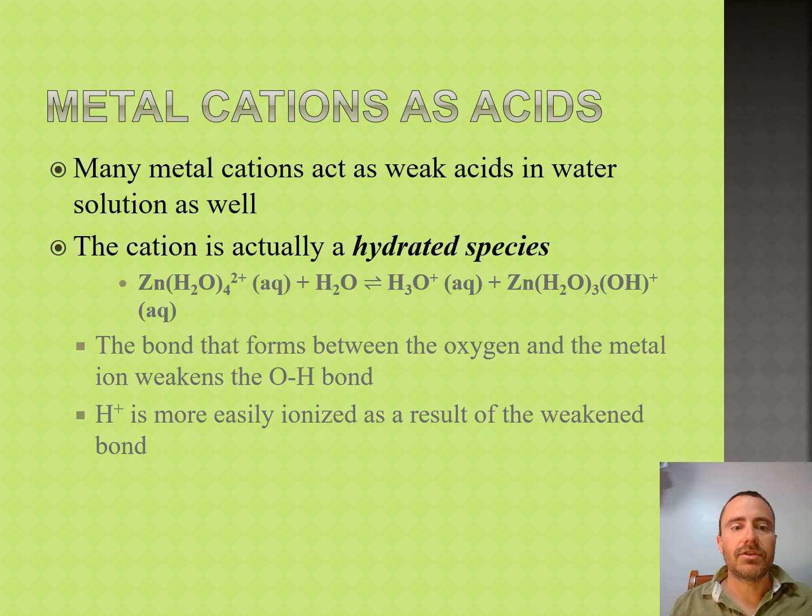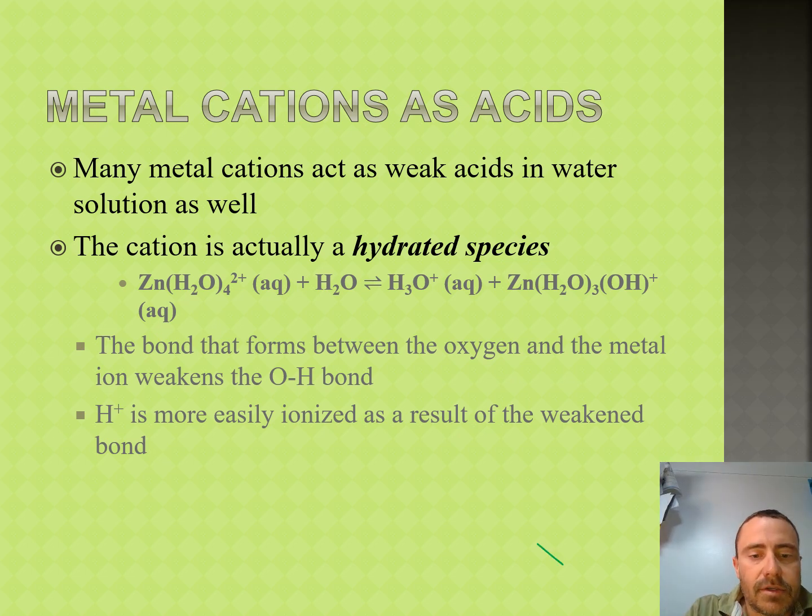Instead of there just being zinc floating around in water, it is going to coordinate itself, or bond itself, with water molecules. And when it does that, it's going to weaken some bonds, and when it weakens those bonds, it makes it easier for something to come by and steal a hydrogen from it.